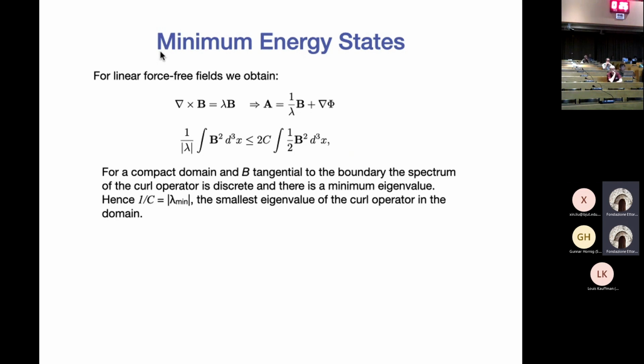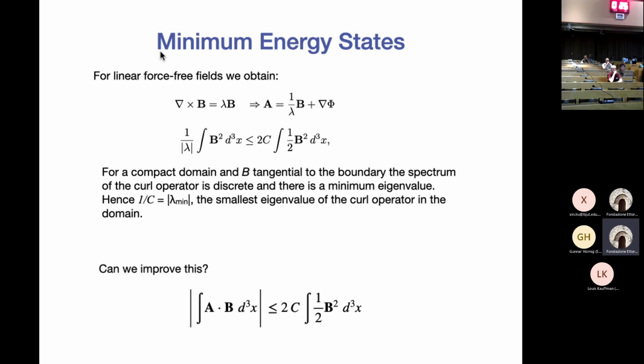So the constant C is actually the minimum eigenvalue of the curl operator in the domain. And so people have looked at various domains here and have calculated this minimum eigenvalue for these domains.